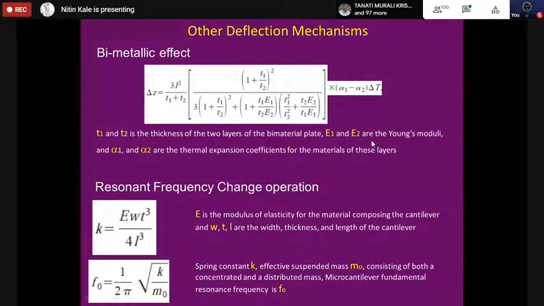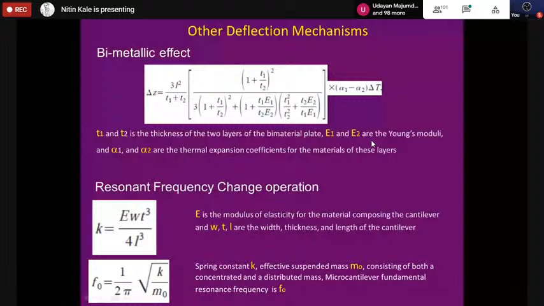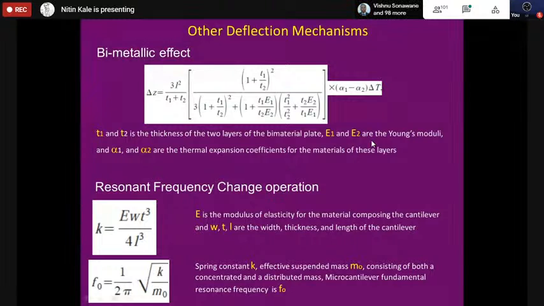Then for resonant frequency, frequency is a function of the mass. If something adsorbs on the cantilever, the frequency will change. So if you are sweeping a frequency on the cantilever, and you find that the resonant frequency has changed, it indicates that a mass has adsorbed.